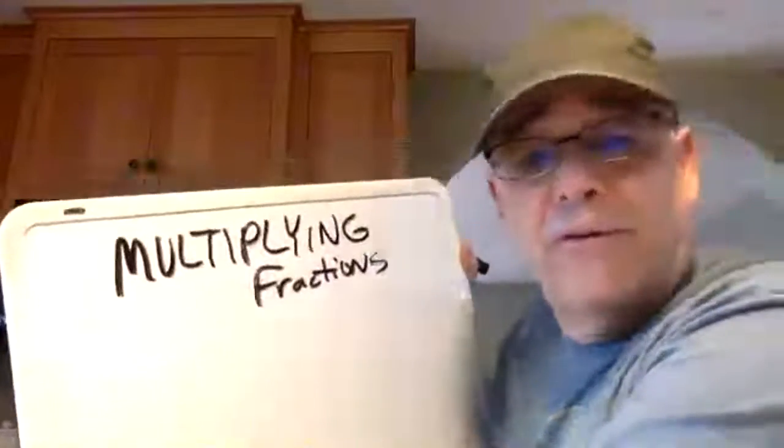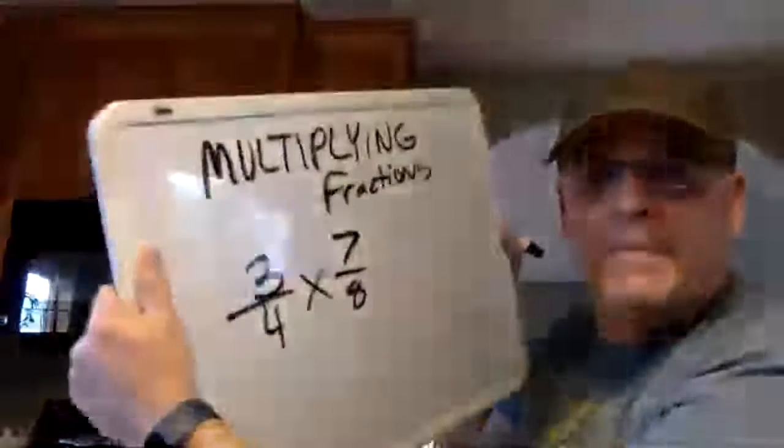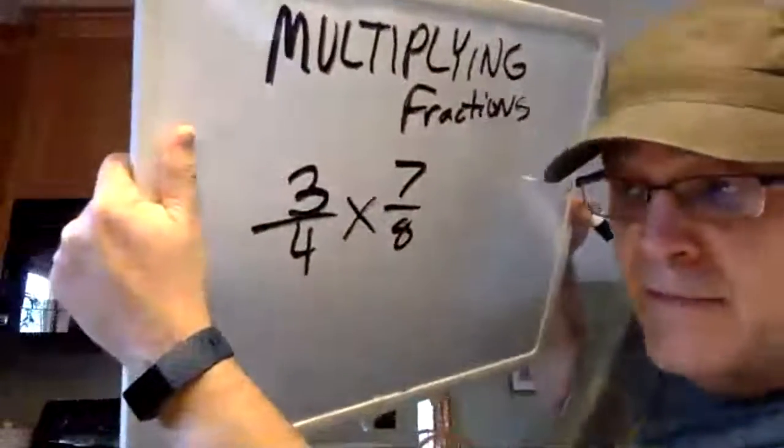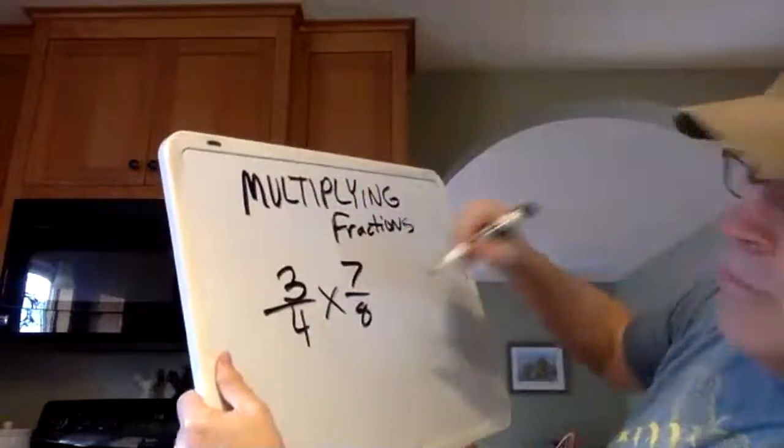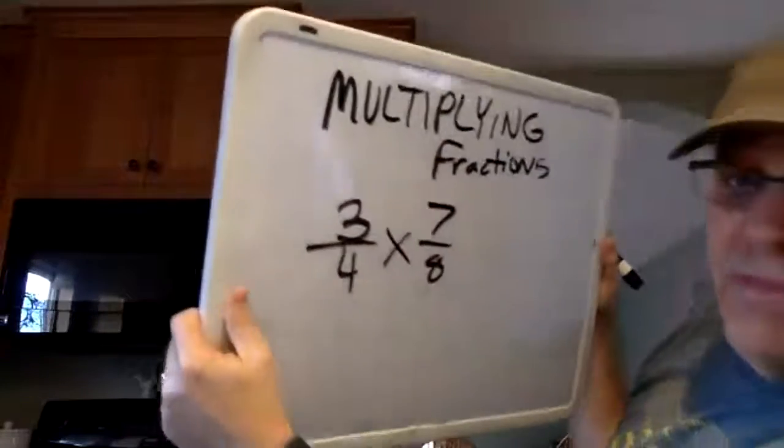Multiplying fractions. Now, the key to that, let's say we multiply 3/4 times 7/8. So the first thing you do is look diagonally, the 3 and the 8.